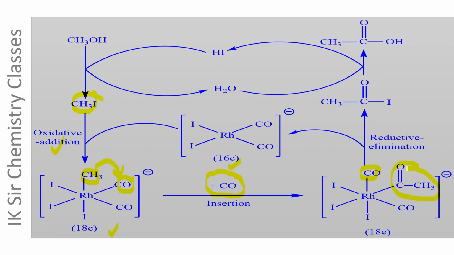derivative of metal, and this acyl derivative of rhodium +3 undergoes reductive elimination reaction, liberating acetyl iodide, acetyl group from here and iodine atom from here. This acetyl iodide is liberated and the catalyst is regenerated.